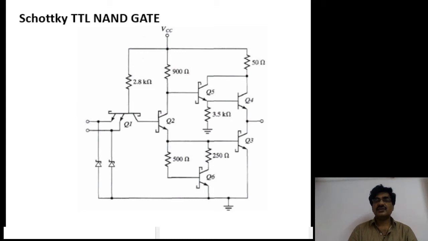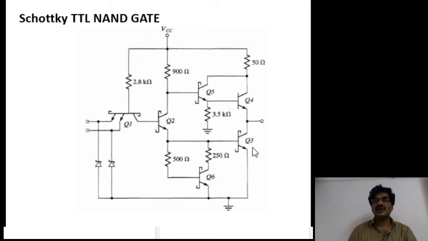Okay, so up to this part, Q1 transistor acts as a 2-input AND gate, followed by Q2 transistor, which acts as a phase split transistor. Because of this phase splitting action, Q3 and Q4 show push-pull action.